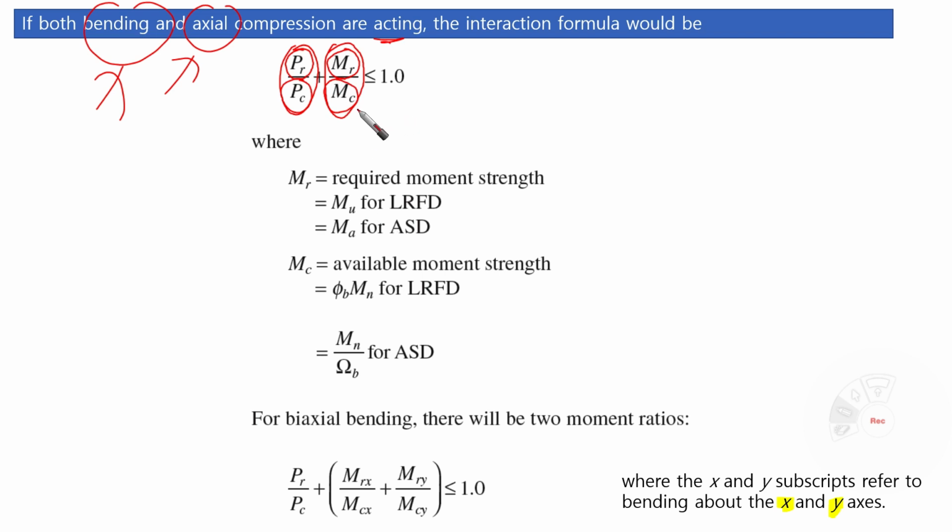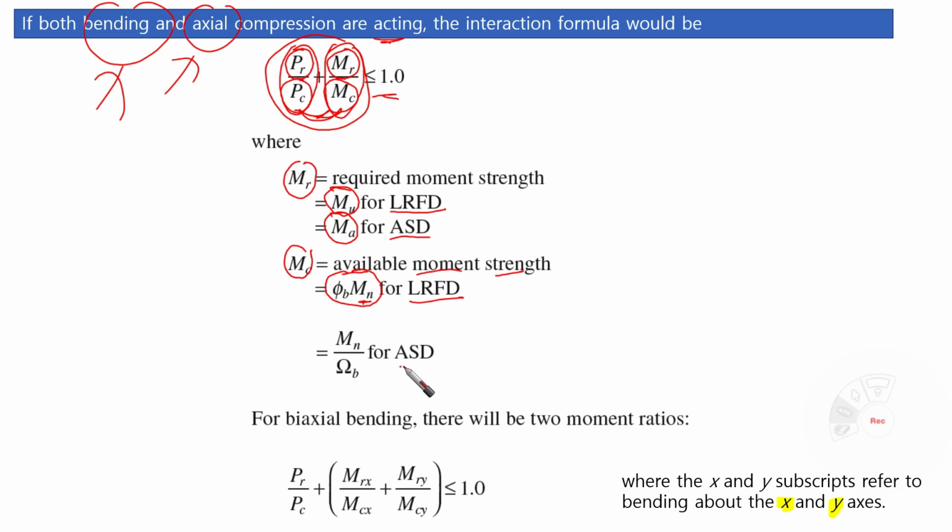The summation of both should be less than 1. As we said, MR is the required moment strength. If we're talking about LRFD, it will be the ultimate moment. If we're talking about ASD, it is going to be the actual applied moment. And MC is the available strength, whether for LRFD it will be phi b Mn, the resistance factor times the nominal strength.